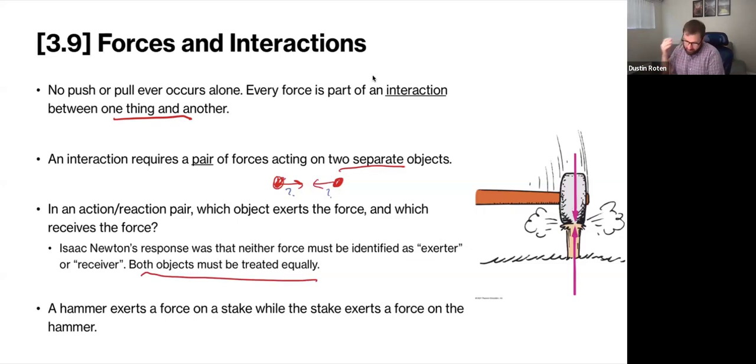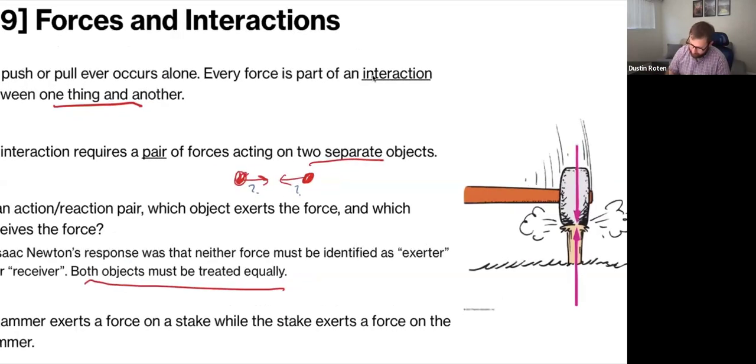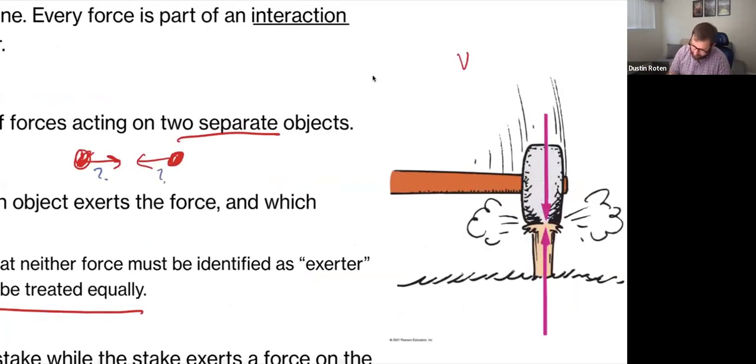An example of this is here on the right, where we have a hammer which exerts a force on a stake. The hammer is up here, and it's going to start with some velocity that is not zero. It could come down at 100 meters per second, who knows? But this hammer is going to come down, and when it hits this stake, it's going to exert a force.